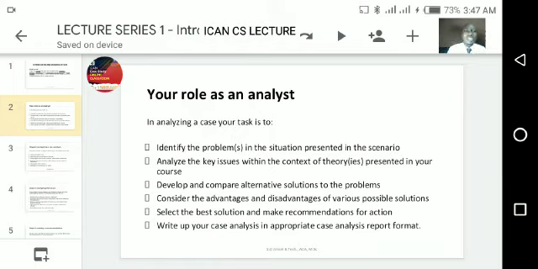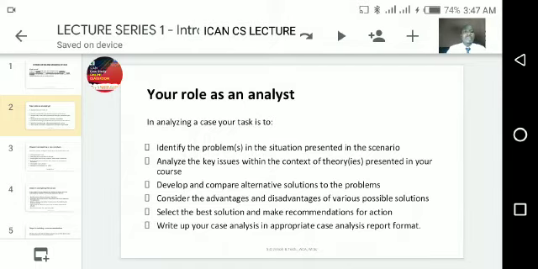The first thing is that you need to be able to identify the problems. Remember that in episode 1, I said a case scenario will include different business problems, lots of business problems. So you need to be able to identify these problems. You need to be able to distinguish between symptoms of the problems and the problem itself.